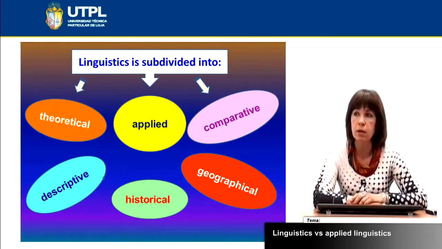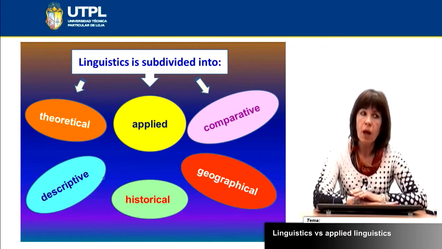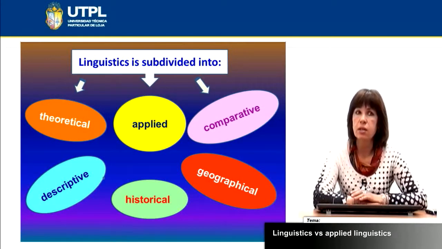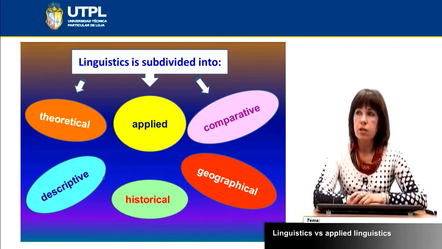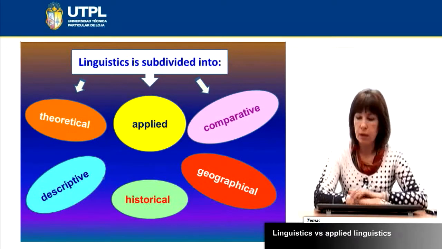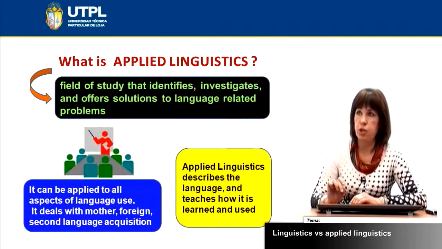Also historical linguistics, which analyzes changes of language through time, and geographical linguistics, which is dedicated to analysis of differences between languages according to geographical region. Well, and the main part is applied linguistics, which is our subject.